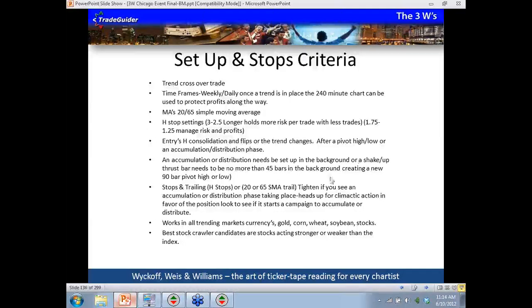The reason I put creating a 90 bar pivot high is you're getting in at 90 bars. If you can get in on that one, then you're going to be adding to that position. Does that make sense? 90 bar high, and then 45 bars later, if it's going to start trending down, I'm a happy camper.